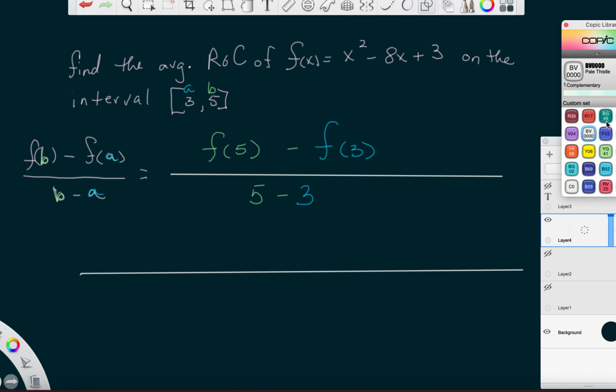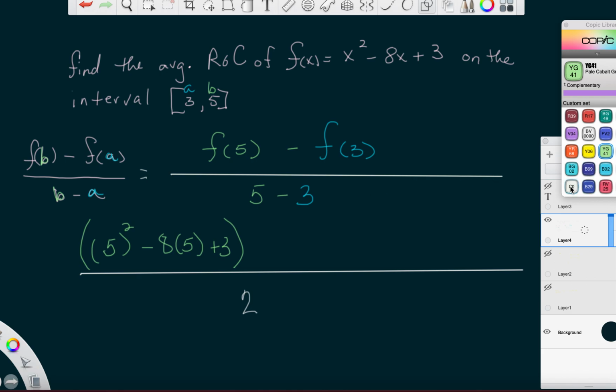Okay, so we know that 5 minus 3 equals 2. So that's done. Let's do f of 5. And what that means is everywhere you see an x up here, we'll put in a 5. So 5 squared minus 8 times that 5, because there's an x again, plus 3. And let me close that with big parentheses.